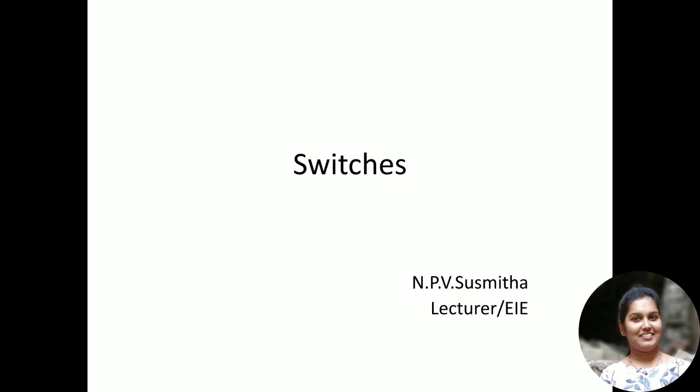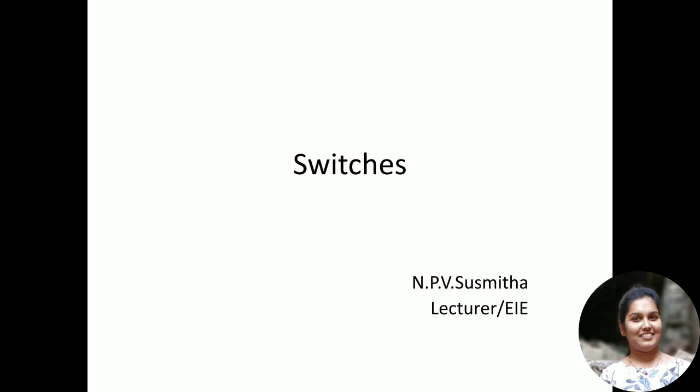So this is how important a switch is. In today's class, we'll discuss some of the basic concepts as well as some types of switches that are used in electrical or any other appliances.